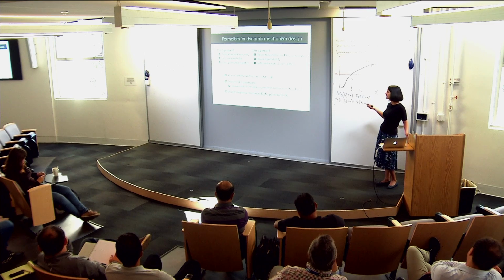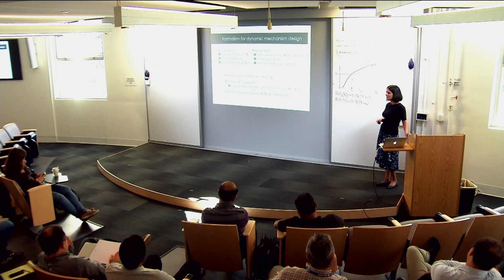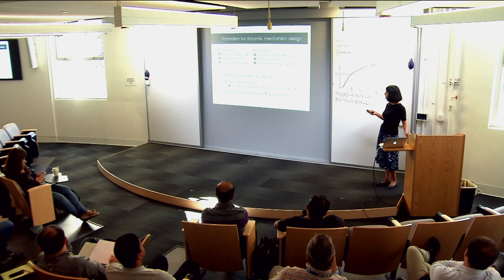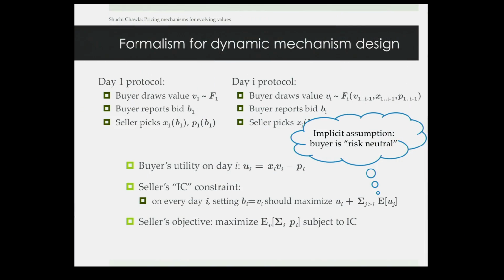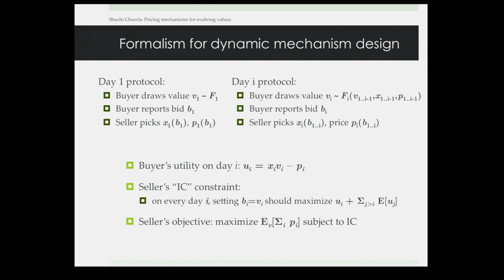Okay, so this is one way of formalizing this problem. And some of you might have noticed that I sneaked in an assumption here without stating it, which is that the buyer is risk neutral. So as soon as I put an expectation here, there's a risk neutrality assumption that I made. Did you have a question? So, does the seller know all these distributions across time, even at time 0? Okay, so good question. So we're actually not going to closely look at this model, but this is the assumption that goes into this sort of work.